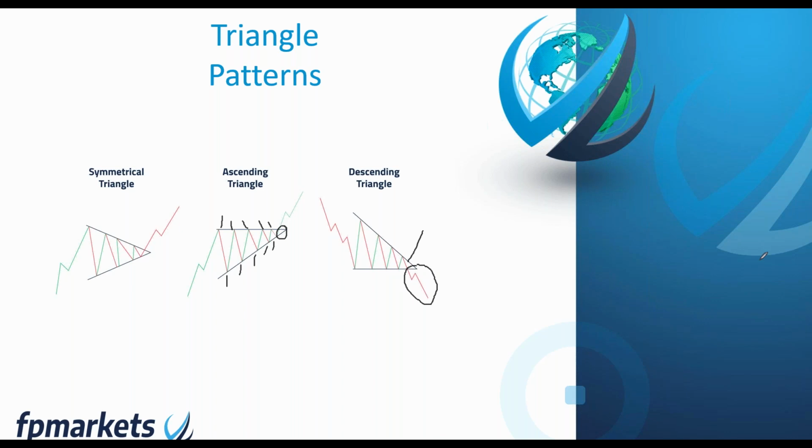To locate this formation, we look for horizontal support to form that receives at least 2 tests, and a descending line to accompany this structure, which, as I said with the ascending triangle, converges if projected forward.